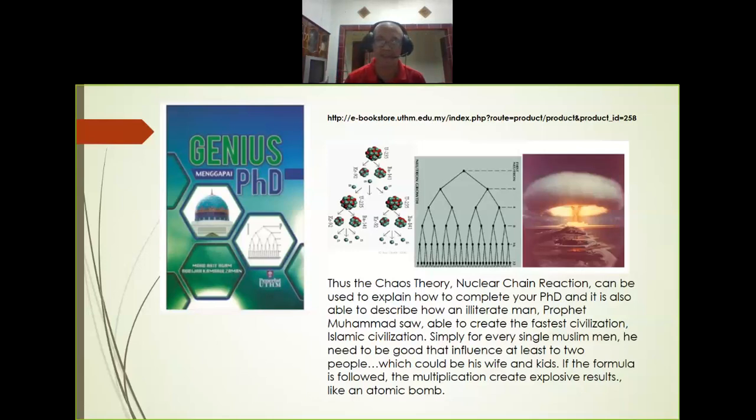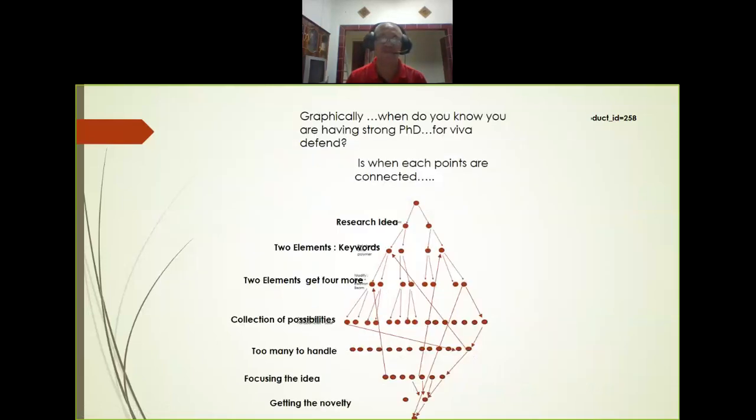That's how clear it is in Islam. So simply, every single Muslim man needs to be good, such that he actually influences another two people. So this simple formula can be implemented directly, either to his wife and his kids, and if this formula is followed by the true Muslim, we will create explosive results like an atomic bomb. That is what happened when Islam created a civilization in 100 years.